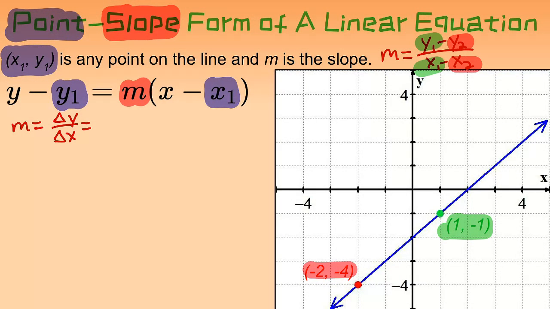So y1 is negative 1, minus y2, negative 4. So y1 minus y2 over x1, 1, minus x2, negative 2.